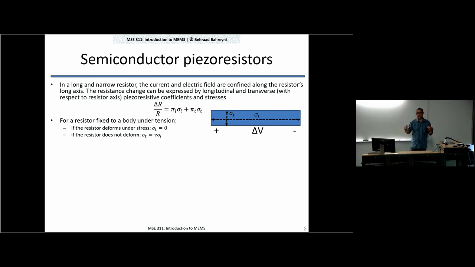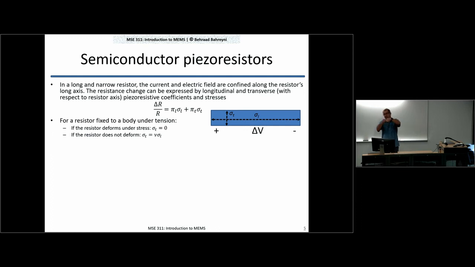But there are situations where the piezoresistor does not follow the deformations of the main body. Maybe for whatever reason your piezoresistor is stiffer than the main body. So the main body has deformed. Let's say you stretch it in this direction. The Poisson's ratio means that it is going to now basically stretch in the other direction or shrink in the other dimension a little bit. But your piezoresistor is a stubborn little thing and doesn't conform.